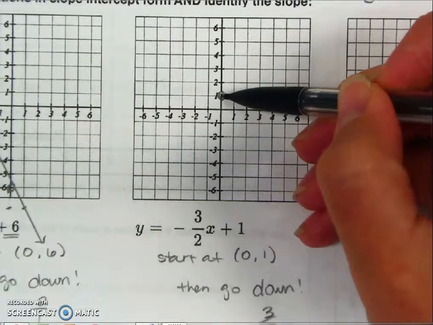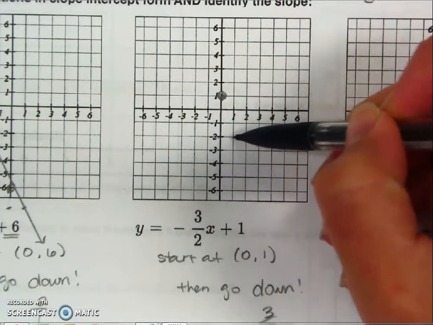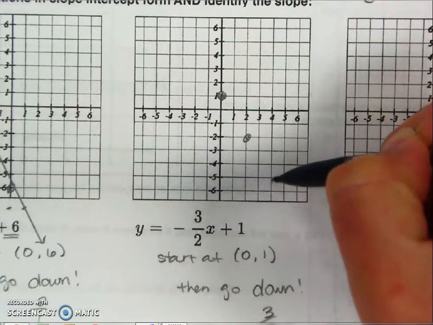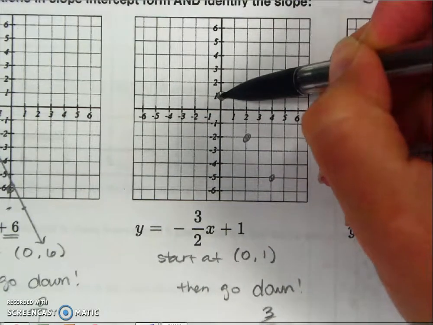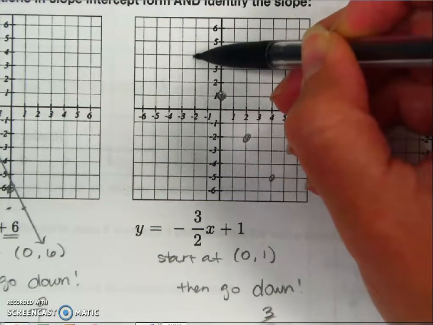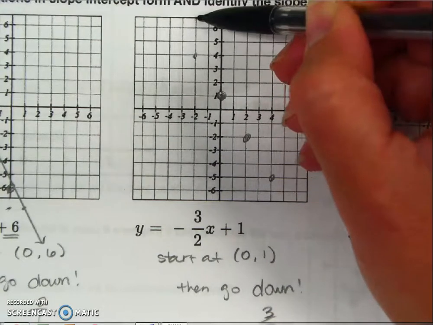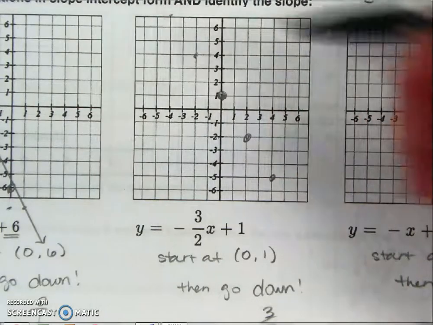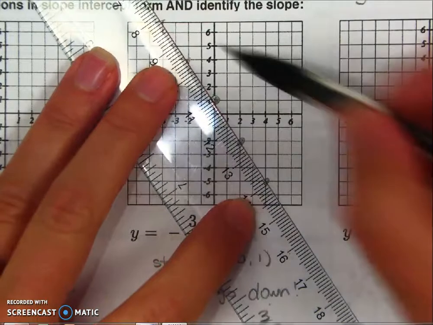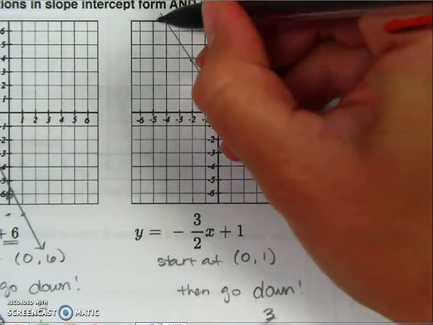This time we're going to go down 1, 2, 3 and over 1, 2. If I needed to go the opposite direction, I could go up 1, 2, 3 and left 2. That would still end up on the same line going downhill. So make sure if it's a negative slope, my line is going downhill.